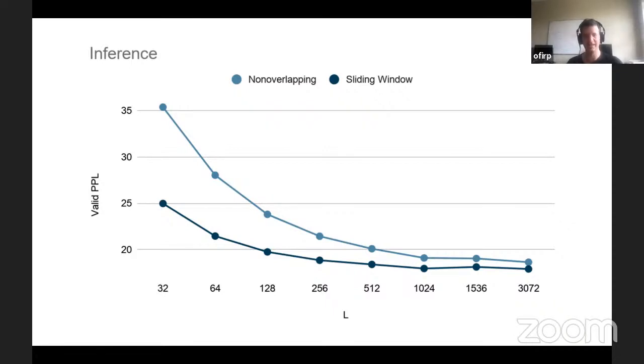But second of all, and you can see these exact numbers in the paper, it's not super clear here, but I'll tell you that in the non-overlapping case, there's a significant difference between the model whose input length is 3,000 and all the other models. The 3,000 model is really, really good. But if you do sliding window inference, then the model whose input length is 3,000 actually performs just as well as the model whose input length is 1,000.